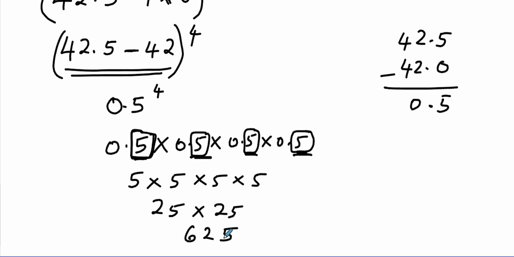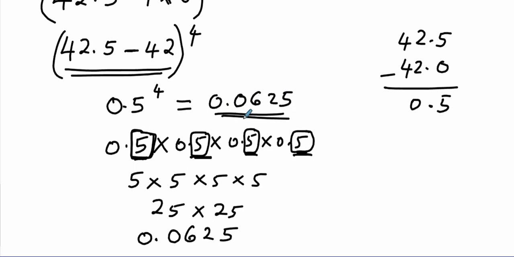So count 4 numbers from your right hand side. 1 number, second number, third number, fourth number. You keep a 0 and put a decimal point there. So the answer here will be 0.0625. See that? I hope that helps.